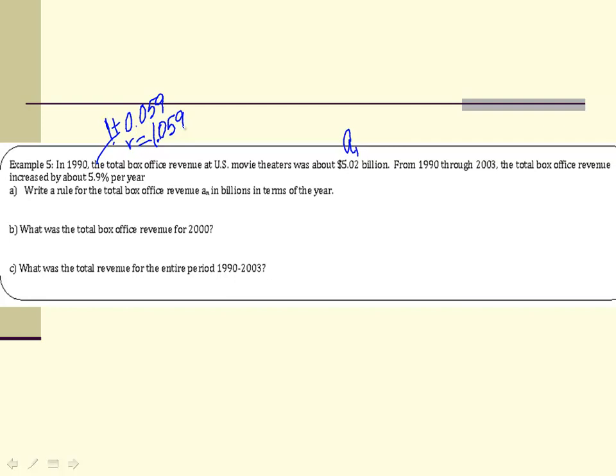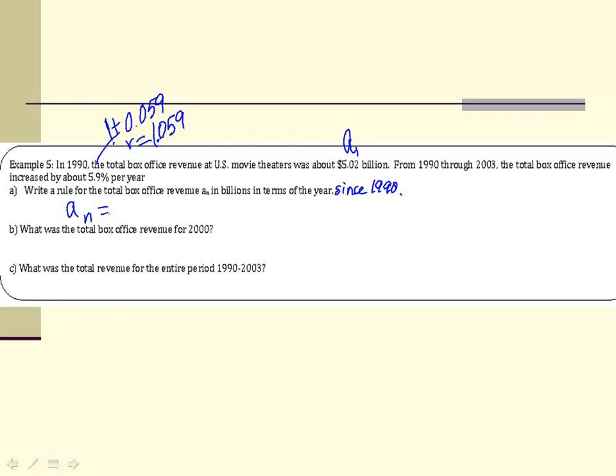So write a rule for the total box office revenue, A sub n, in billions in terms of the year. And really it should say since 1990. So our rule for the total box office revenue, and actually I'm giving you a rule for each year, how we find the total for each specific year.